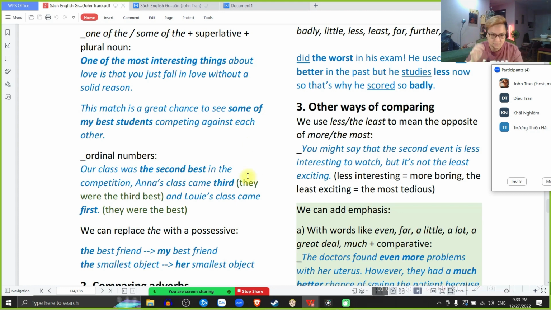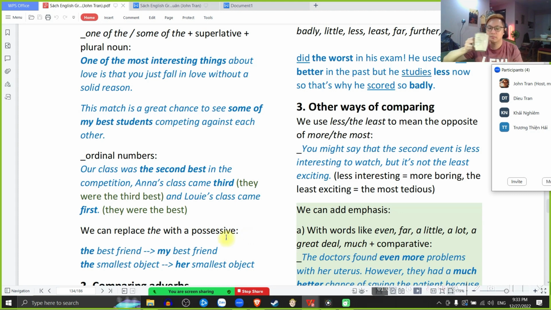We can replace the with a possessive. Mấy cái chỗ nào nó nhấn thì nó thường ghi khác, tức là nhấn nha. So if I write it in italic, basically it means I emphasize that. Tôi nhấn mạnh cái đó. Nếu mà tôi để nó italic là nó nghiêng. Chúng ta thay cái từ the.